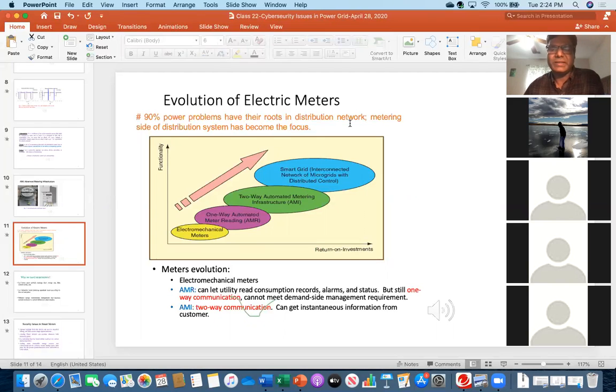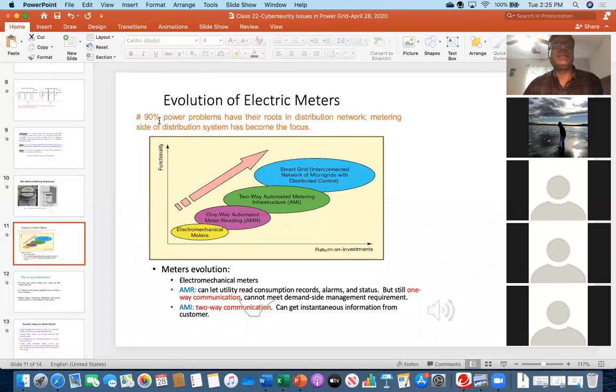For example, in Memphis, we are all connected to the MLGW system. MLGW is the distributor, the distribution network, and we are connected to it with the help of smart metering.